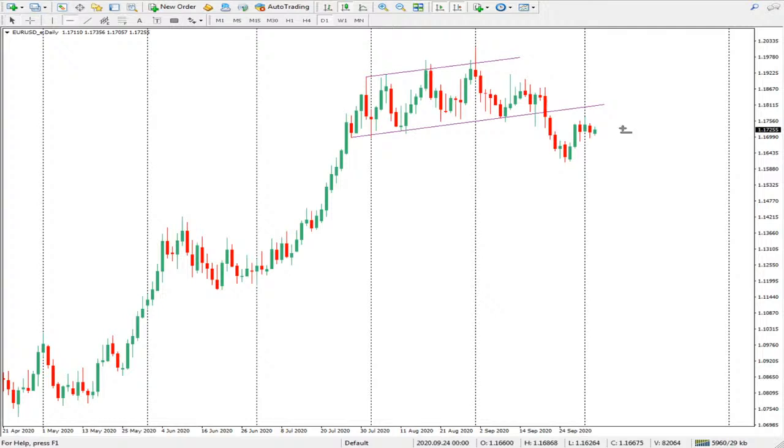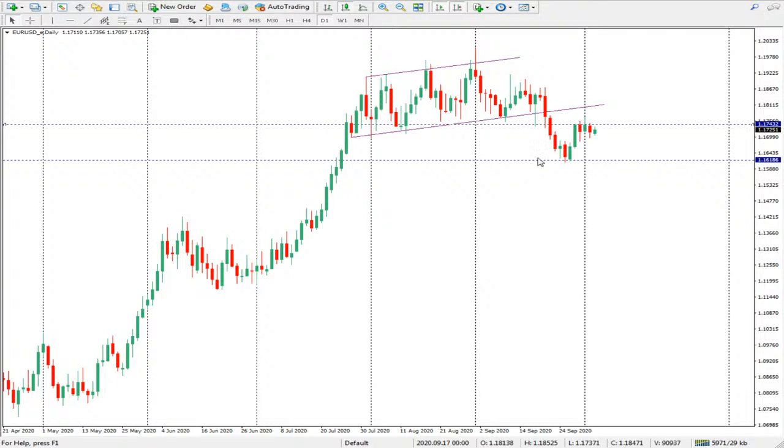Technically, we want price to go up to around 1.17432, which is this one. If the price can pull back up to this point, then that will be a good place to look for a sell from, up to somewhere around 1.16186, which is here. Have your stop loss above this level.